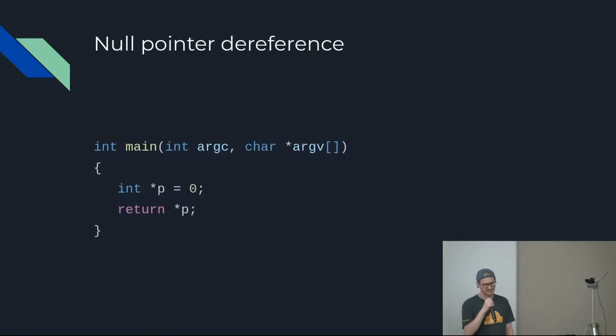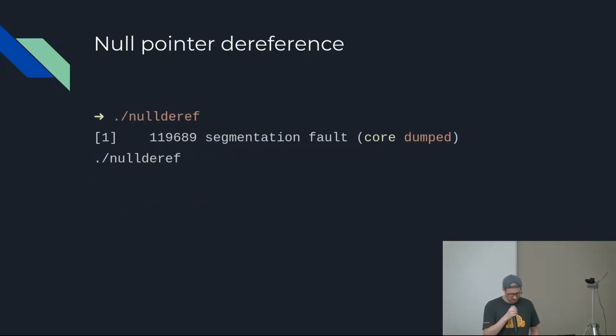So what I'm saying is, go to that memory address, give me back whatever's stored there, and cast it to an integer. In this case, nothing is going to happen because we're trying to access memory at the position 0. And it results in something like this. We get a segmentation fault.